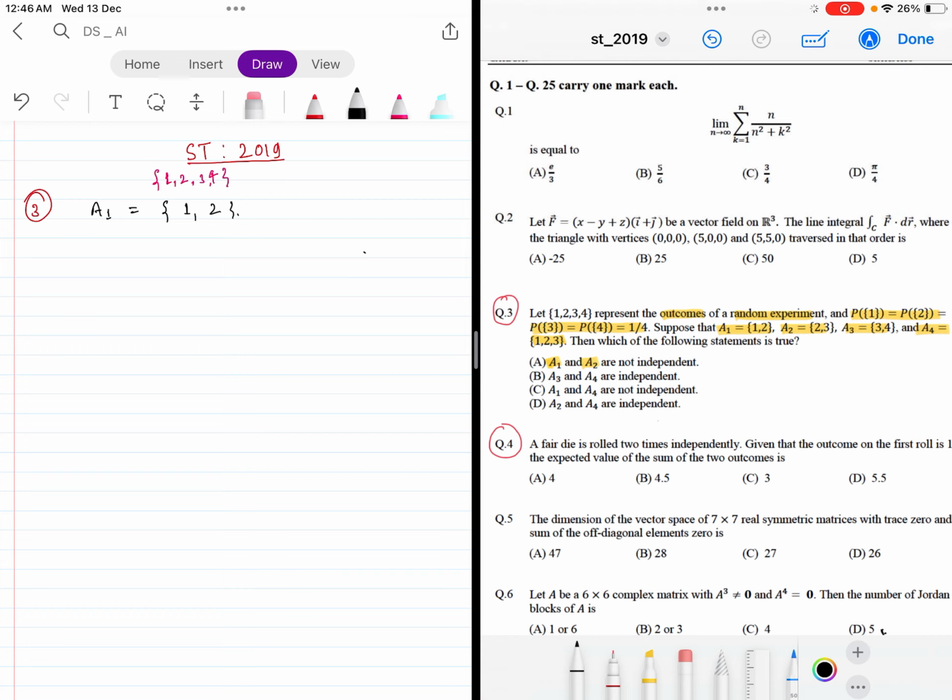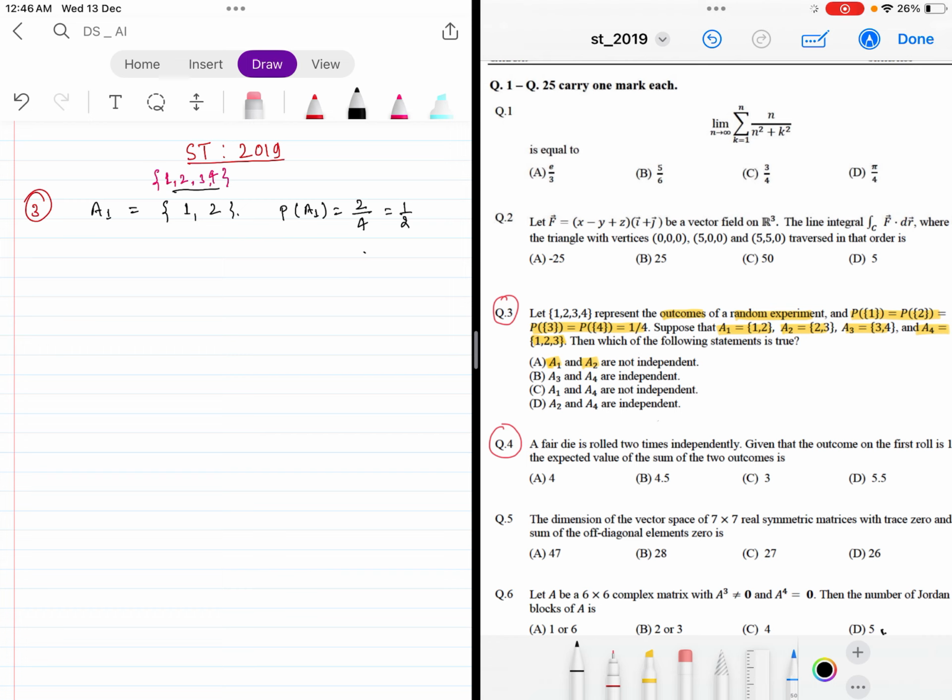So if I ask what the probability of event A1 is, since out of 4 elements we have 2 elements here, the probability of A1 will be 2 divided by 4, that is 1 by 2, right?